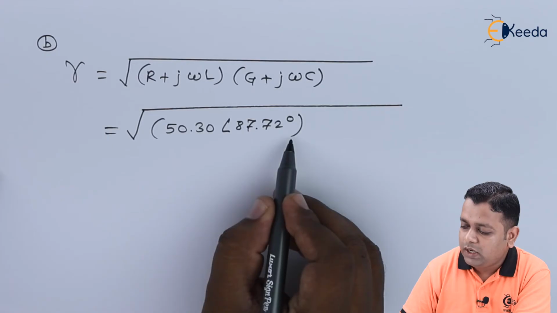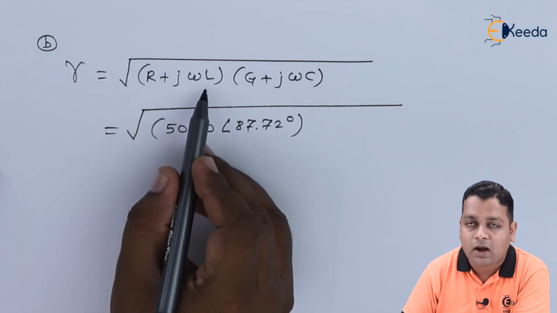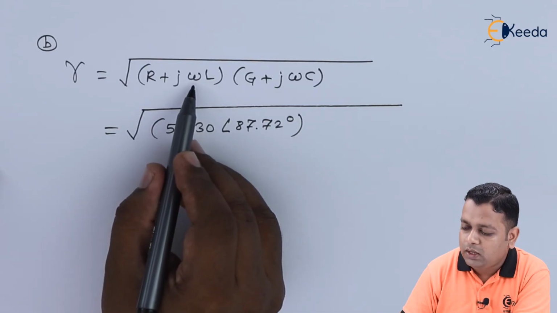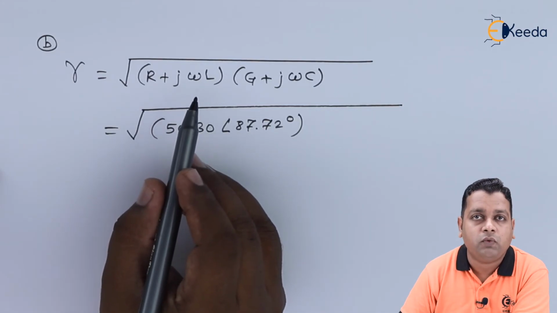So this is the first bracket represented in polar form after substitution of R and L, with omega replaced by 2 pi f. The value of f is 1 gigahertz.